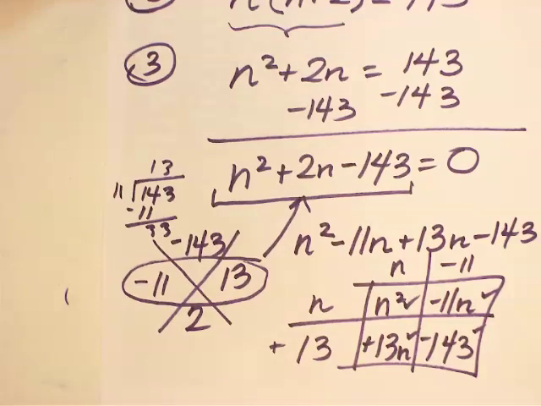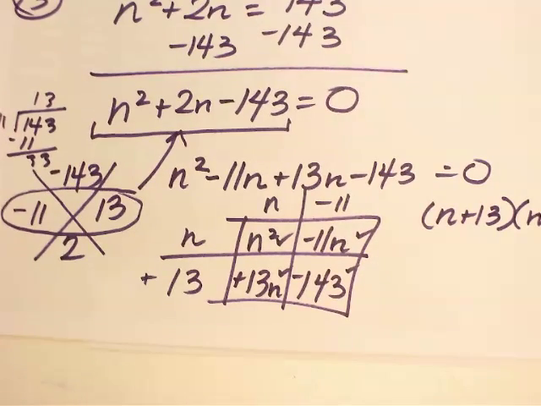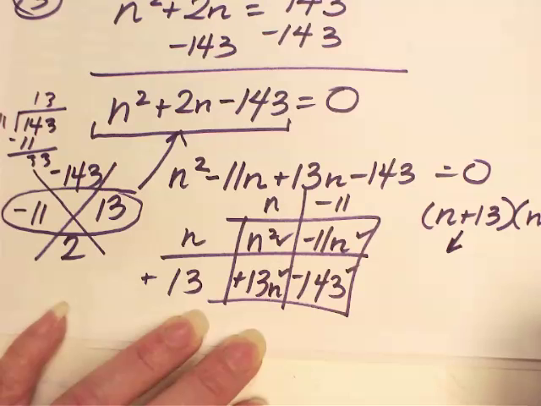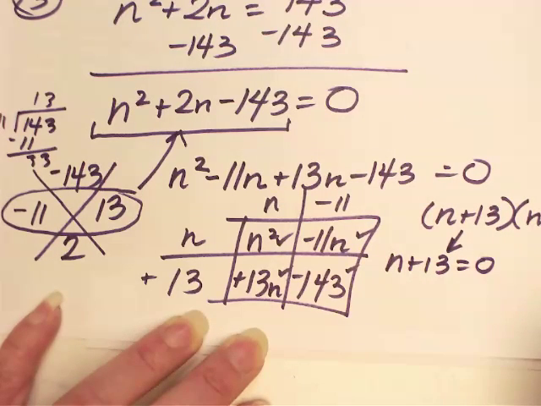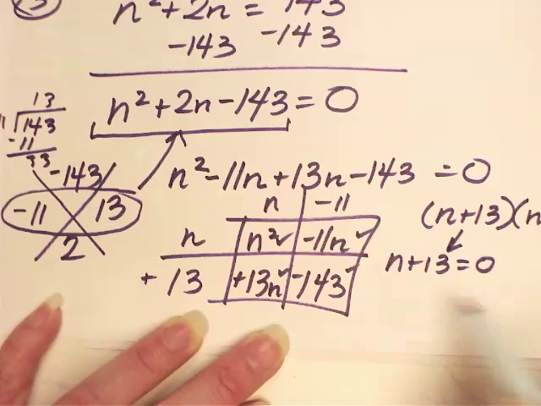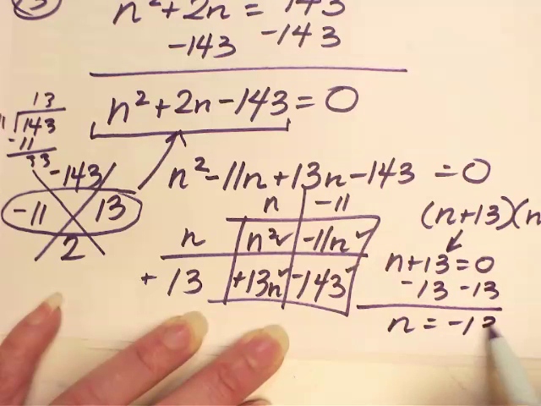Then I'm going to continue solving. Solving the factors, I need to make sure each factor equals 0. n plus 13 equals 0, then n minus 11 equals 0. n plus 13 equals 0, subtract 13 on both sides, so n equals negative 13. Add 11 on each side for this one, and n equals 11.